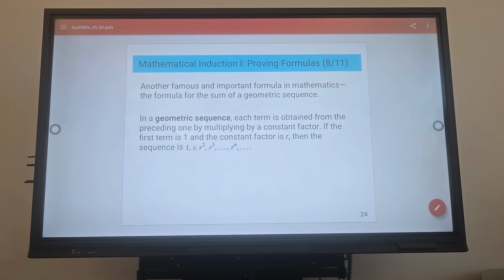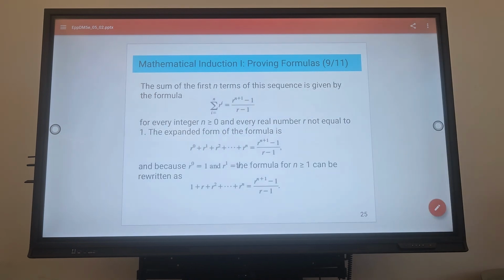Another famous and important formula in mathematics is the formula for the sum of a geometric sequence. In a geometric sequence, each term is obtained from the preceding one by multiplying by a constant factor. If the first term is 1 and the constant factor is r, then the sequence is 1, r, r squared, r cubed, etc., to r to the n.